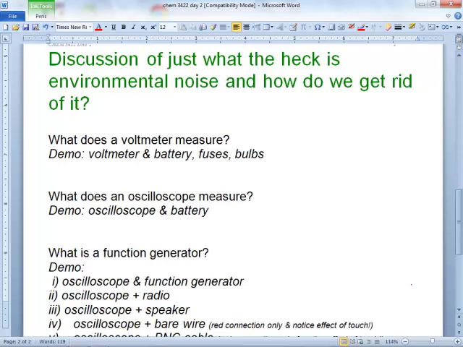So let's get a more complicated signal and see if we can start seeing some noise. Let's see. I'm going to have to use this guy because my other one's broken. Hopefully he's going to work.